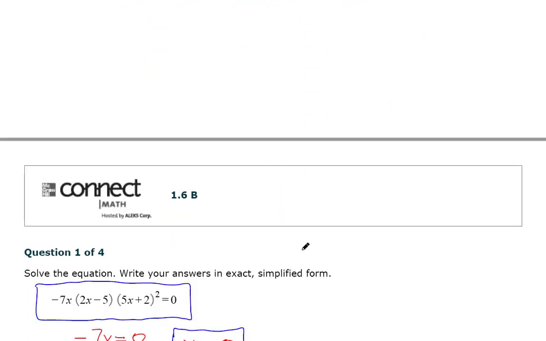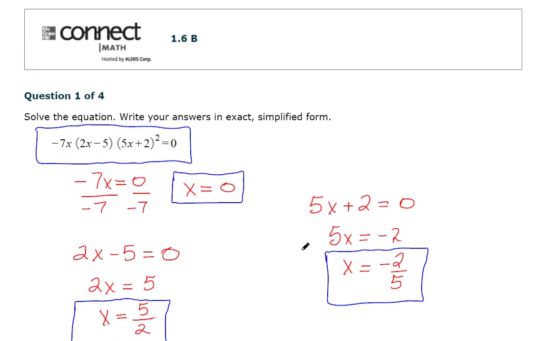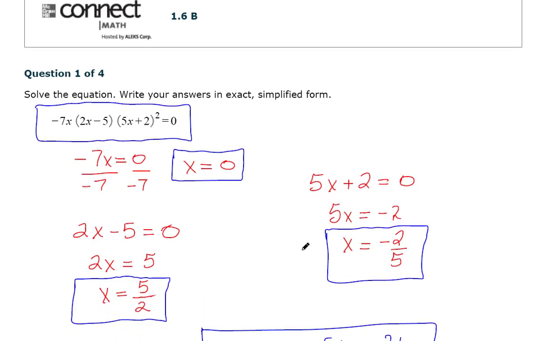All right, the second part of section 1.6. They're giving us a product of things equal to 0. Well, whenever there's a product equal to 0, I can grab each piece, set it equal to 0, and solve.